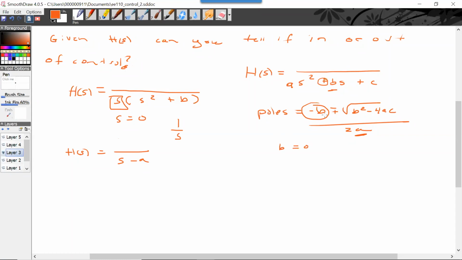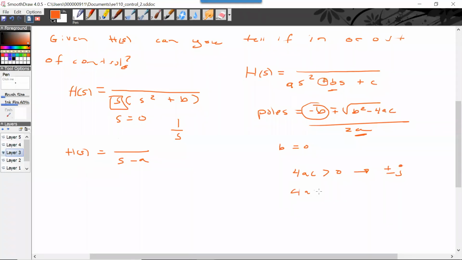It's totally missing. Well, that's 0, and you get plus or minus the square root of minus 4ac. Well, there's two cases there. If 4ac is greater than 0, you're going to get plus or minus some j, so complex poles, and you're going to get oscillation.